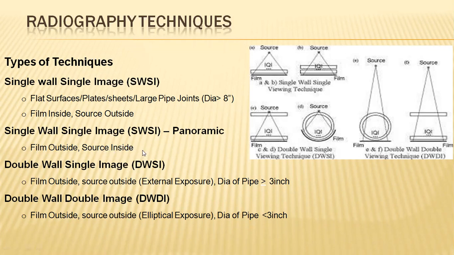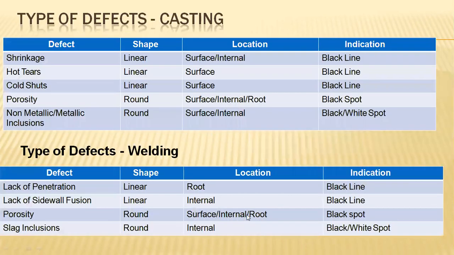Only these two confines will take place. And here the diameter greater than 8 inches also can be progressed in the single wall, single image strategy. Coming to the double wall single image, film outside and source outside, diameter of the pipes greater than or equal to 3 inches. Coming to the double wall double image, diameter of the pipes less than 3 inches will be identified.